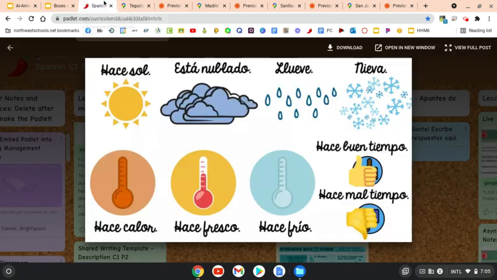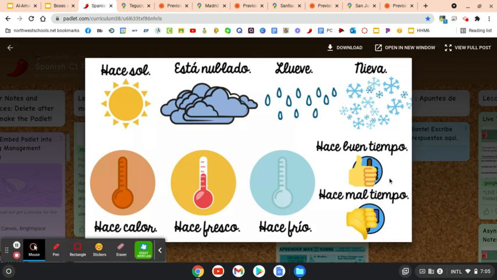And just for reference, guys, let's go ahead and look at our infographic. I do believe that you have this, or it's posted on Google Classroom, or you've seen this before. So, for example, we have hace sol, está nublado. This is nublado.